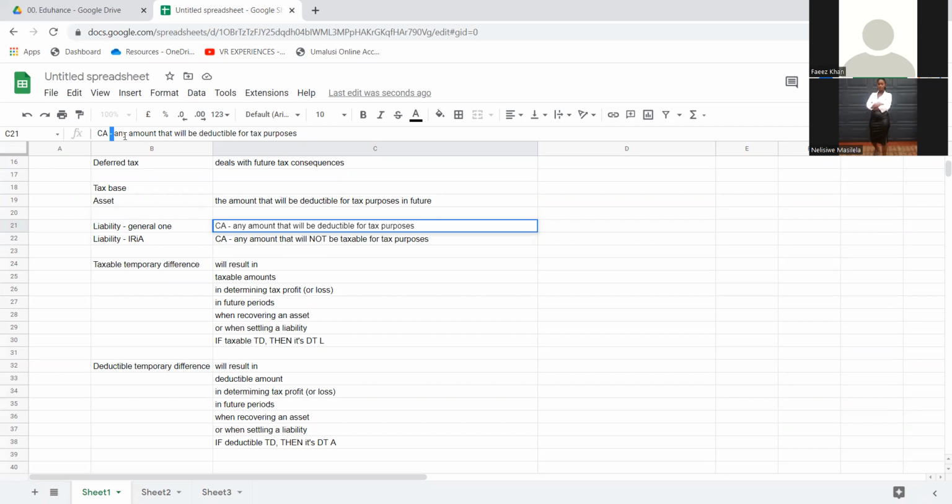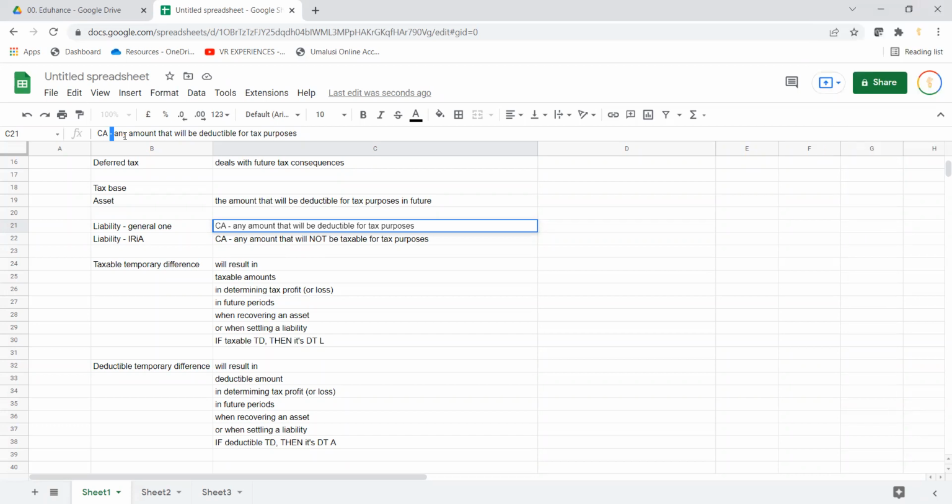So we have raised a liability for a bonus accrual. Now the question is, what is the tax base of the liability? We look at the definition of a tax base for a liability: carrying amount minus any amount that will be deductible for tax purposes.